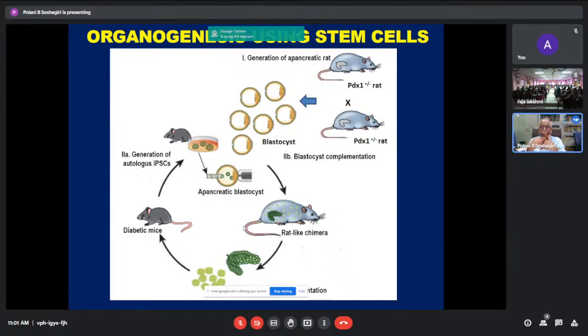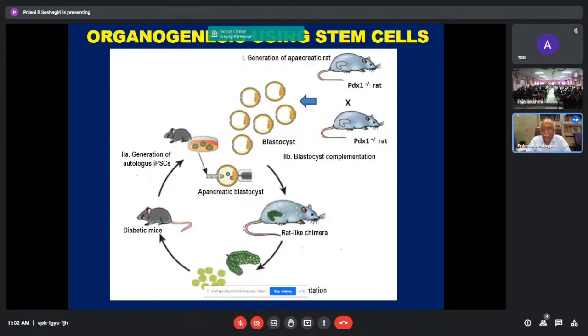Those iPS cells can now be introduced with the normal PDX1 gene so that a lot of beta cells can be produced, and then put that into, let's say, an animal. In this case, it can be a pig. The pig will produce the human pancreatic tissue. And then you use the pig as a donor to take the pancreas and transplant it into the human.